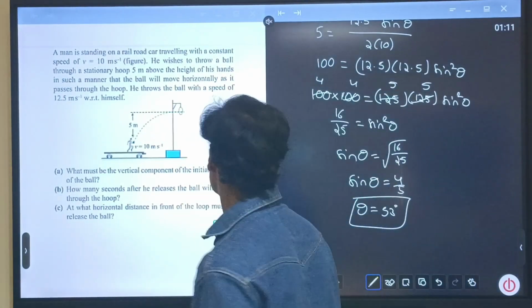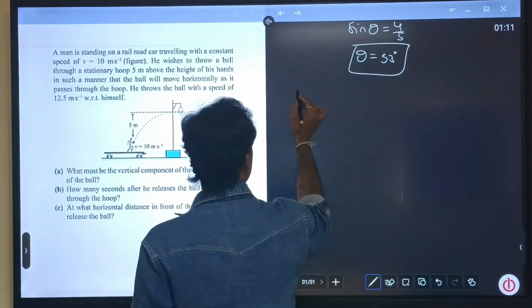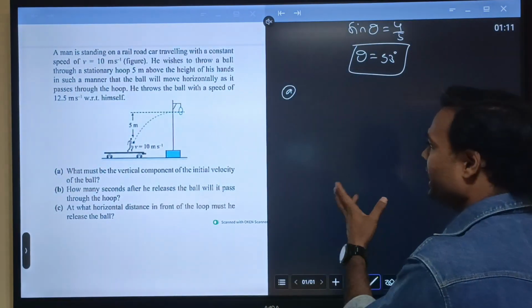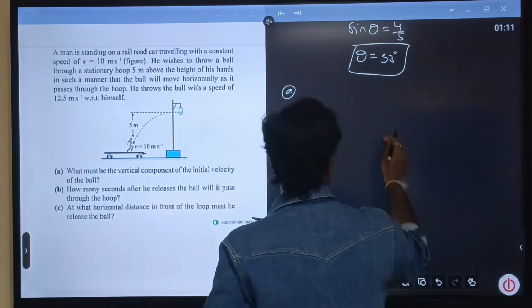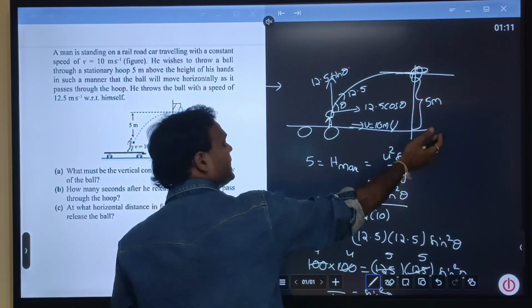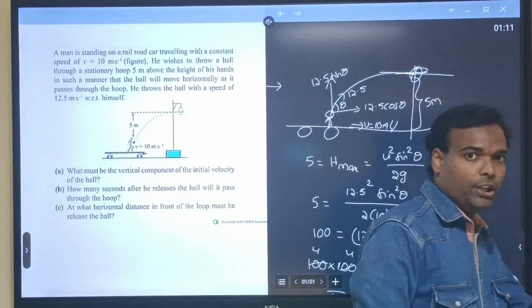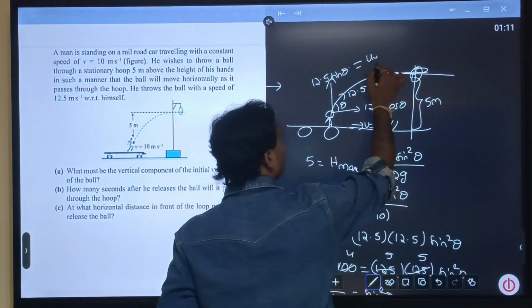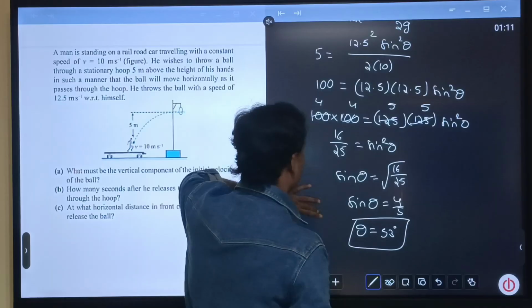Right? Now, the first question is what must be the vertical component of the initial velocity of the ball? See here, initially the ball is moving in the rightward direction. So we can consider the vertical component value remains 12.5 sine theta.